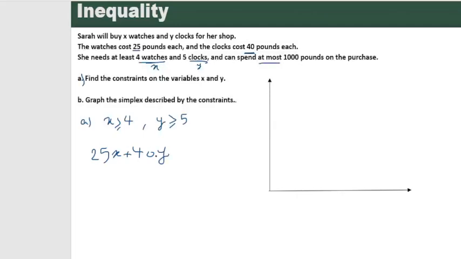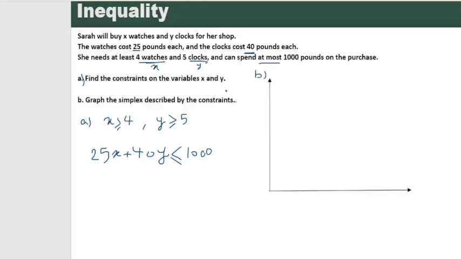The total money she has to pay should be less than or equal to 1,000. All these inequalities are the constraints on the variables x and y. I will go to part B.